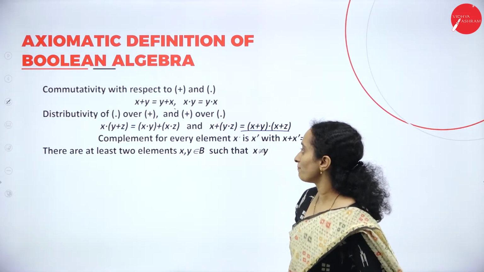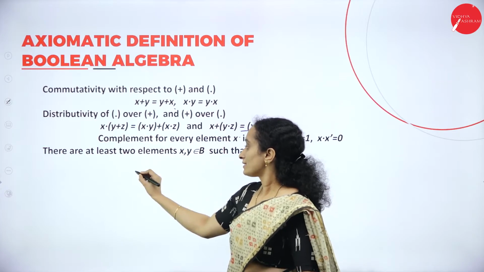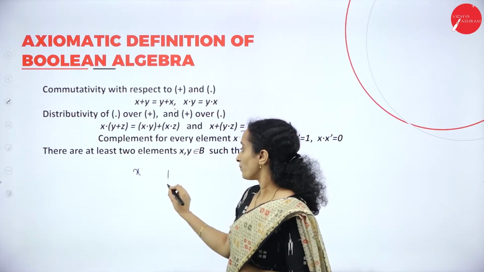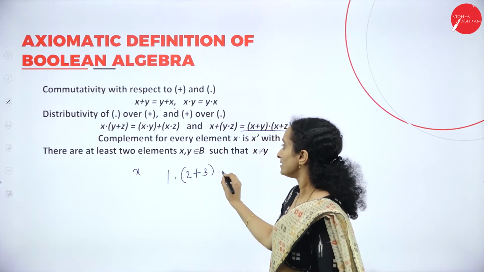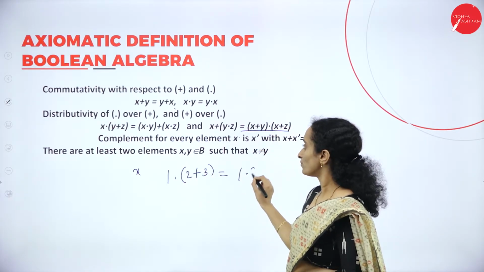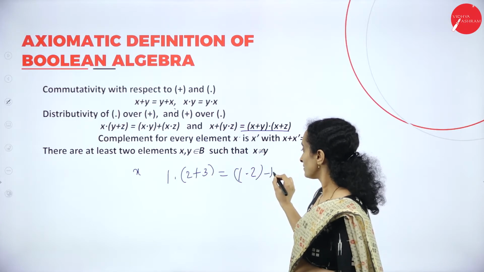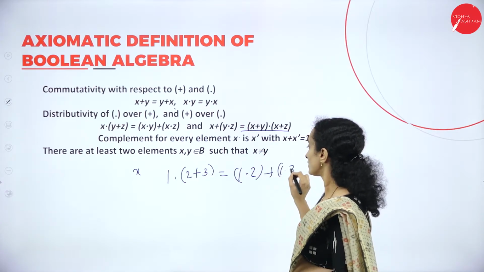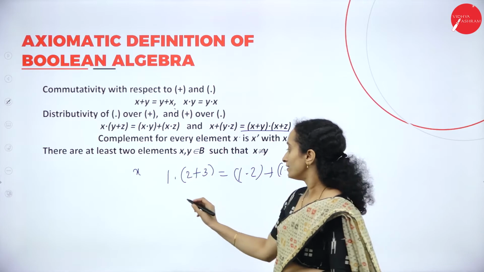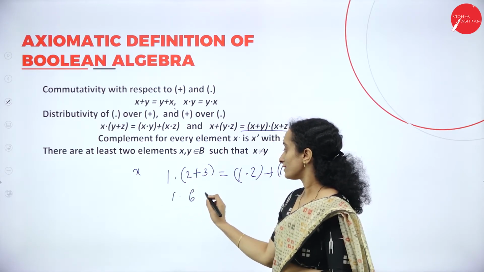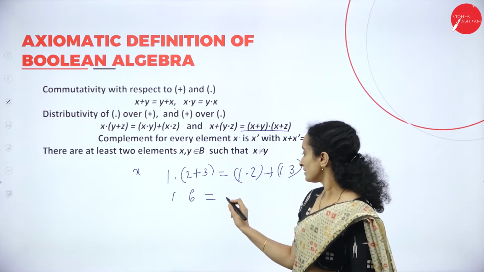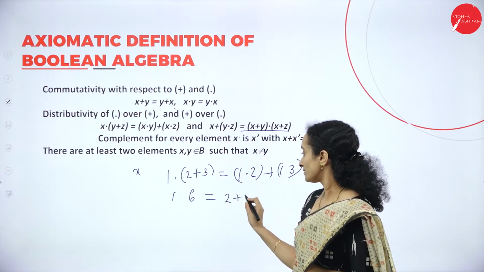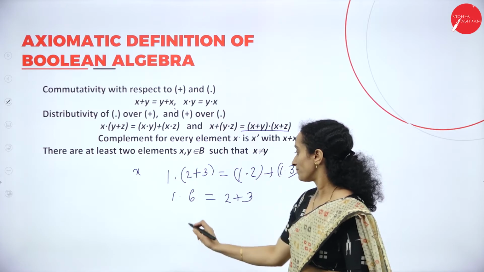If you take the example, 1 into (2 plus 3) is equal to 1 into 2 plus 1 into 3, as we have discussed in the previous slide presentation.